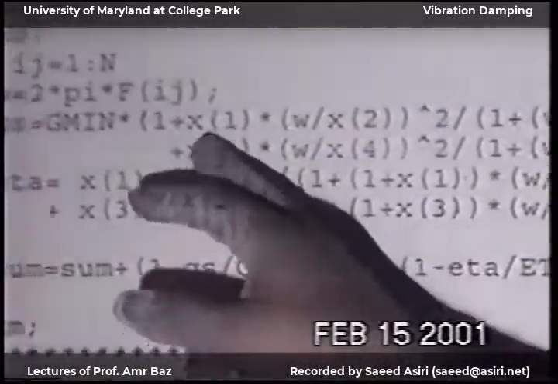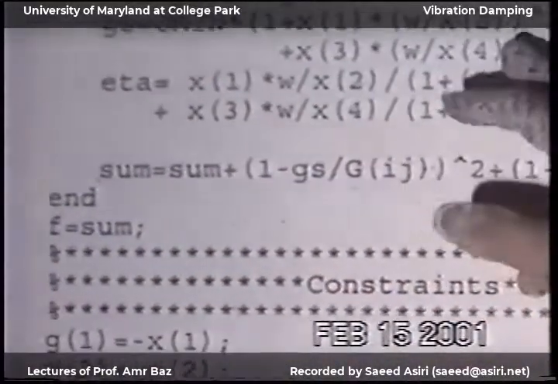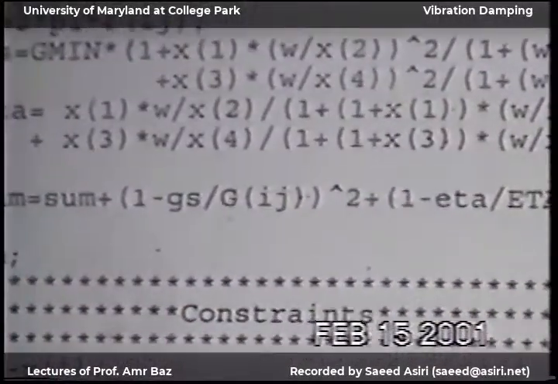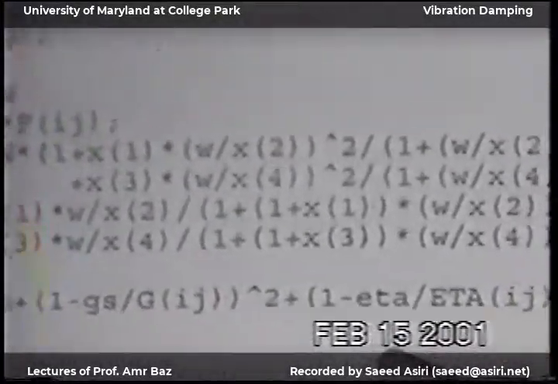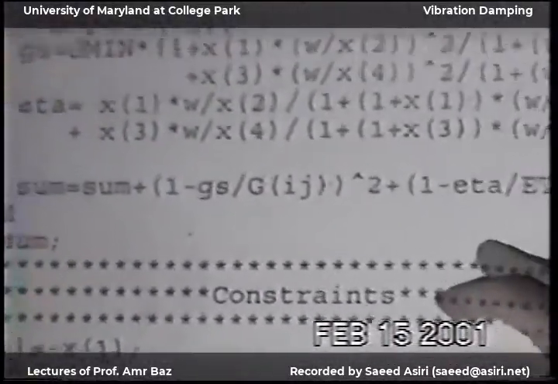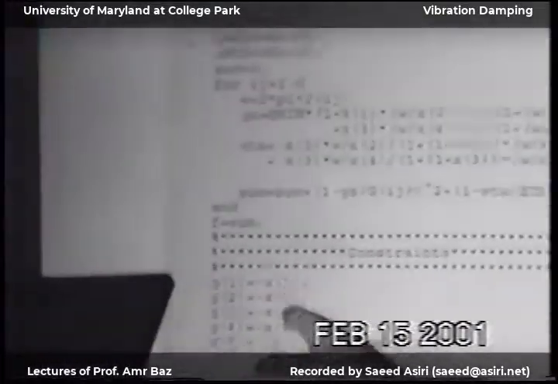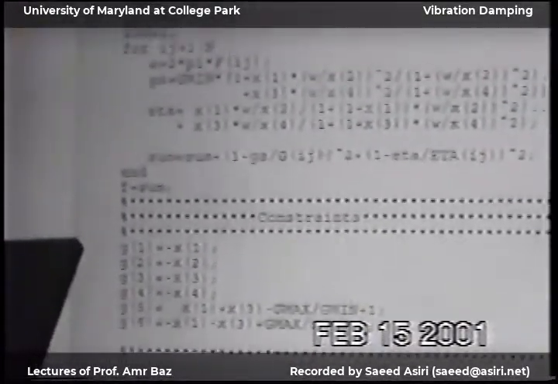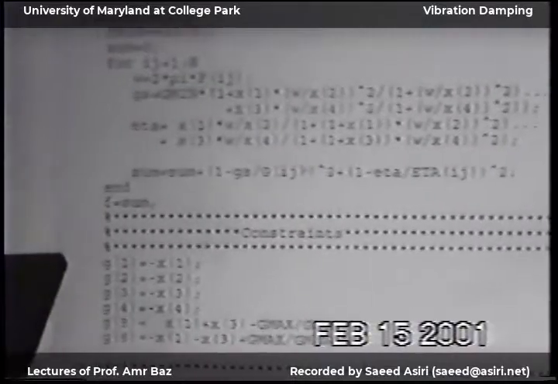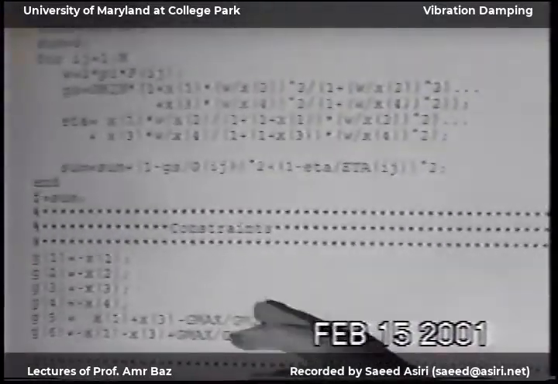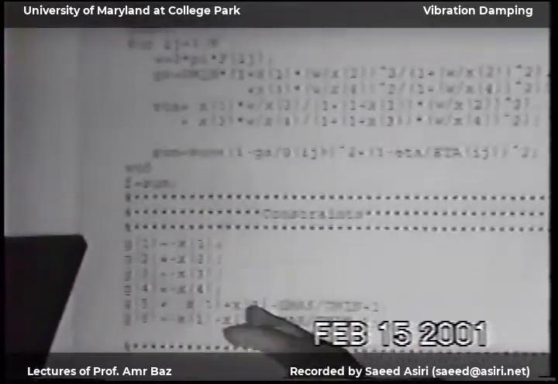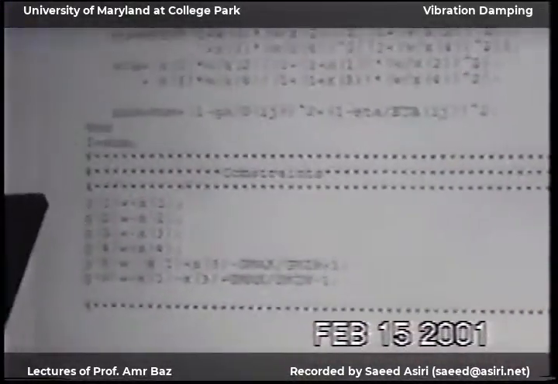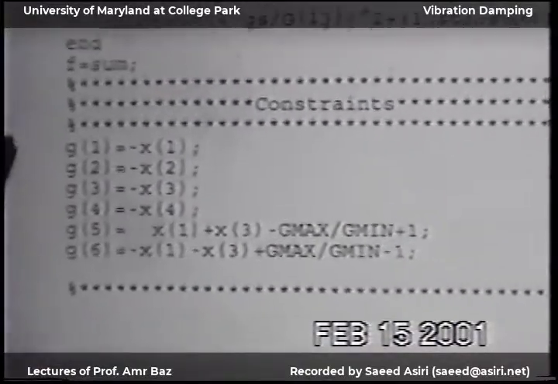Now I write the same for the loss factor, get the errors between the predicted and the measurements, and put in the constraints. All these numbers, the B and the delta, have to be positive. And then I have to put the constraint that at infinity the sum is governed by this equation.